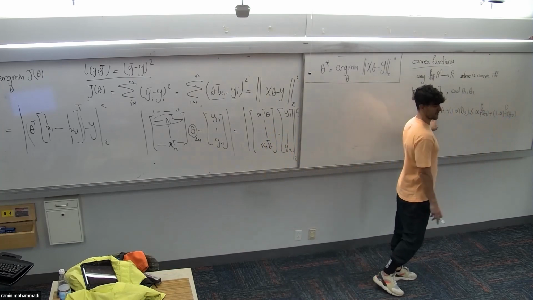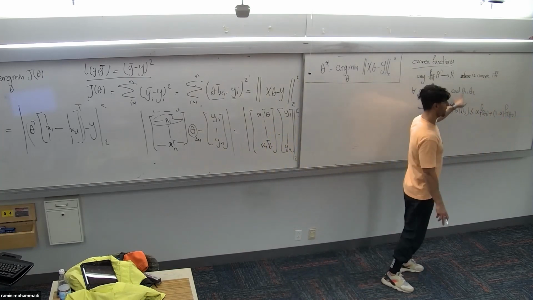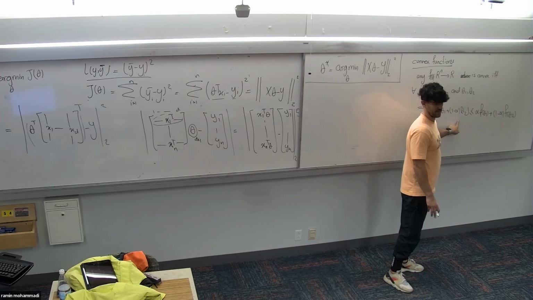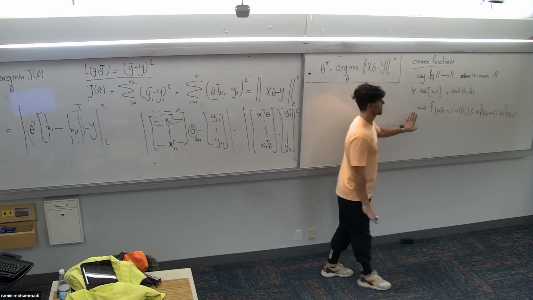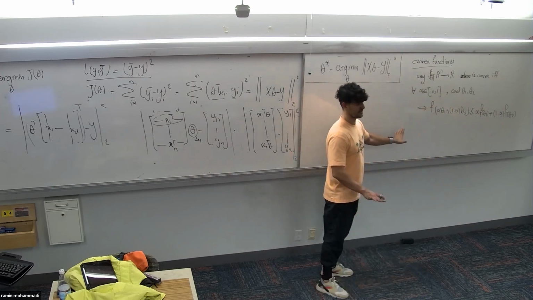Any function for which this property holds is convex. I know it looks complicated, but let's simplify.